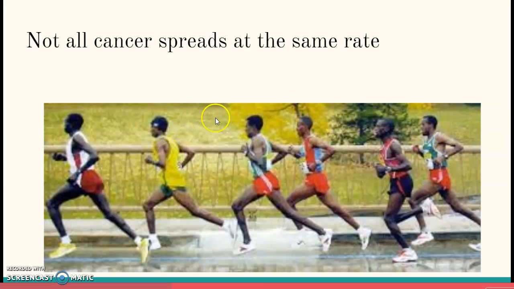Yet these are both the same cancers. Depending on where the cancer is located in the body, the diet of the person, etc., the cancer can spread slowly and be treated because you catch it earlier on. Yet it can also spread quickly, which gives less time for it to be treated.